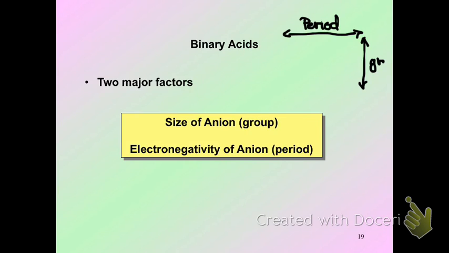And if you remember the trend for size of anion, where are the biggest atoms? Bottom, and then left. But we're just looking in groups. So for now, the atomic size trend goes like this.